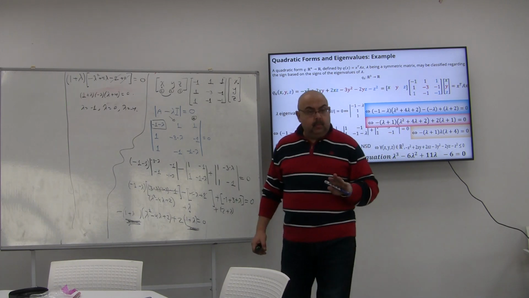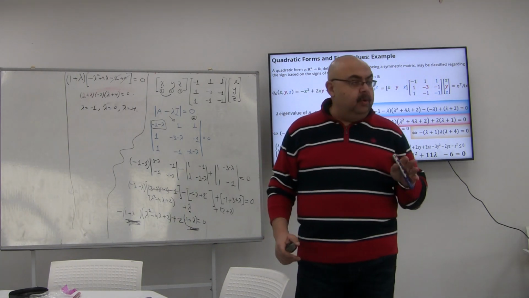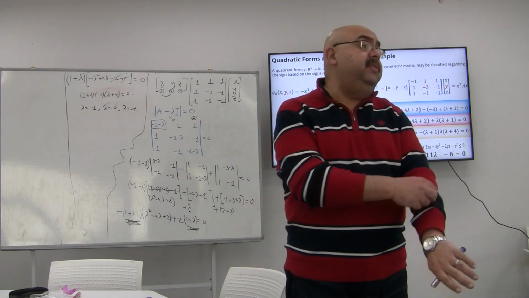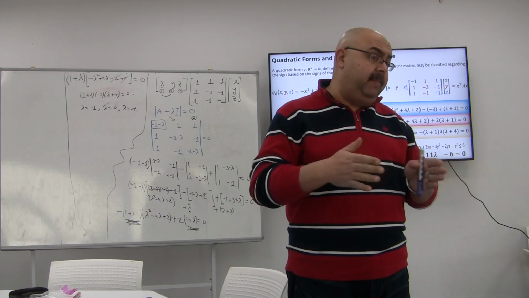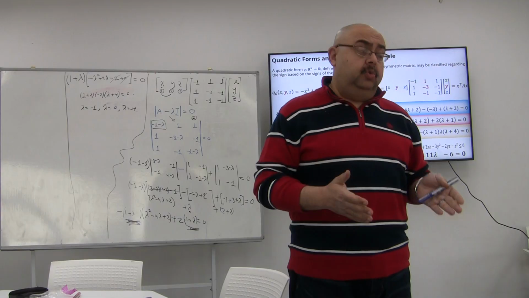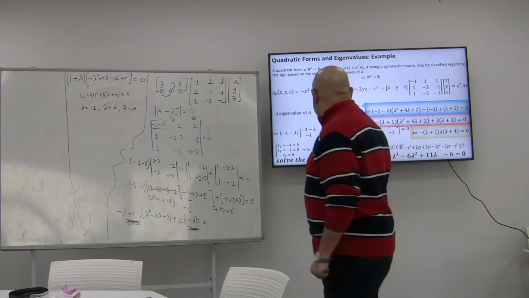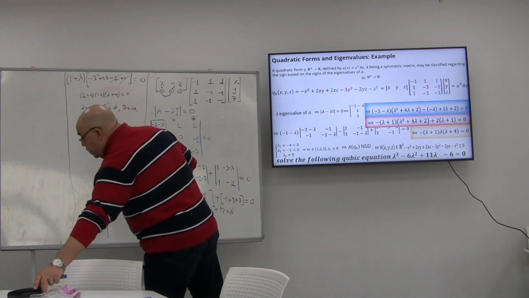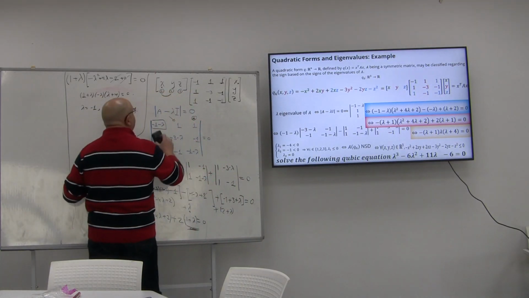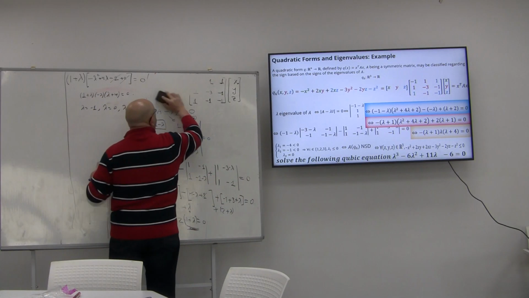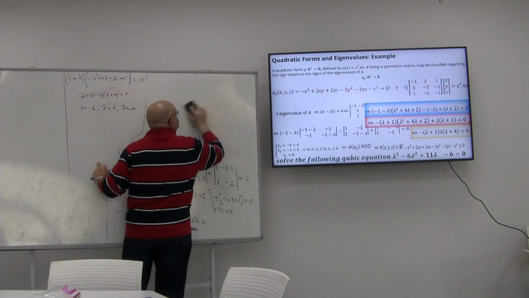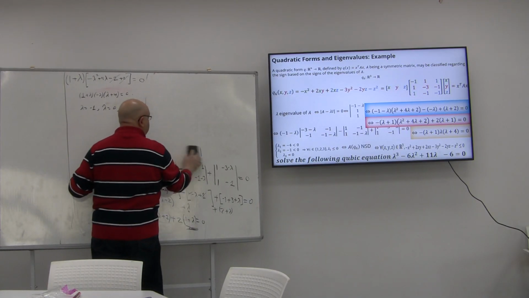Because in general, once you try to evaluate the eigenvalues for a 3 by 3 determinant, you will end up having a cubic equation. So how to factorize a cubic equation? I will need to add this information about how to factorize or how to solve a cubic function, a cubic polynomial.